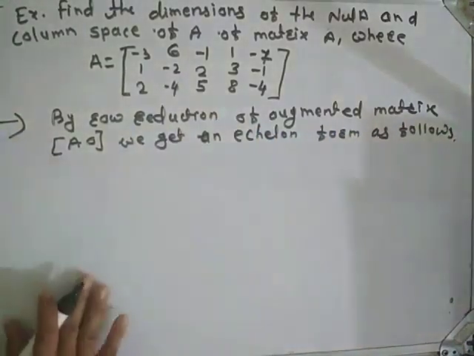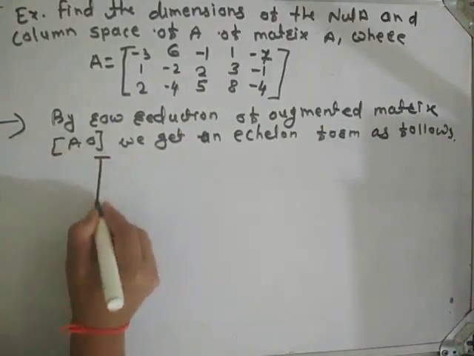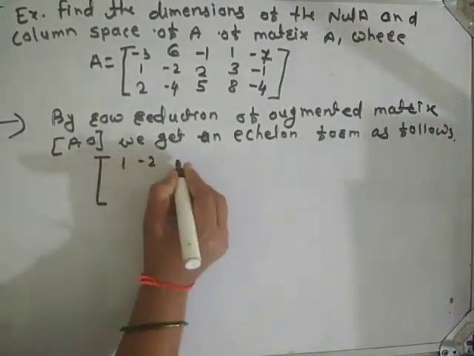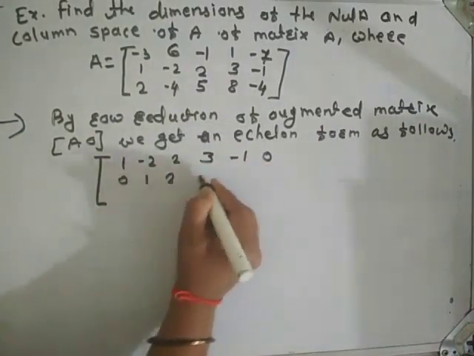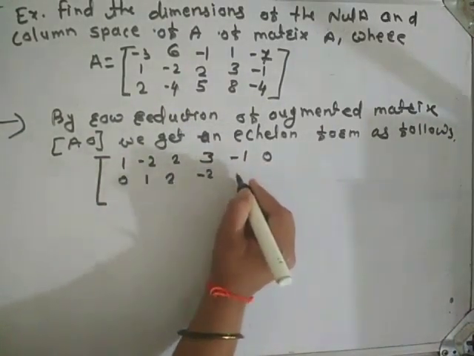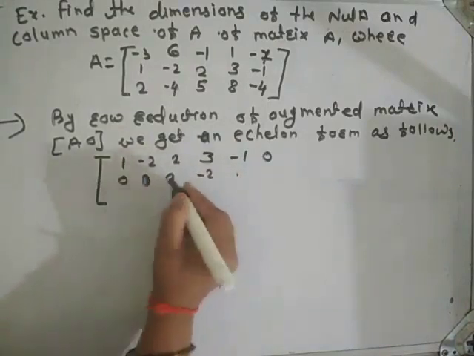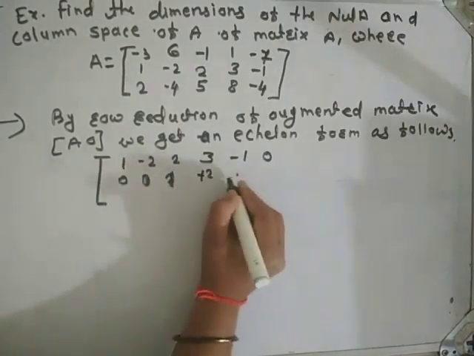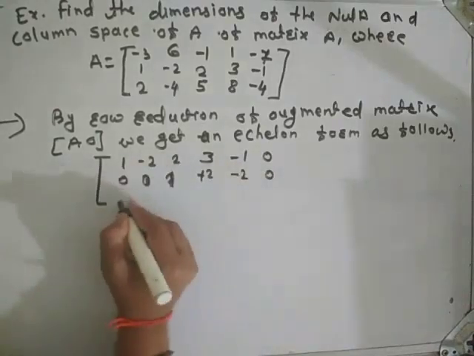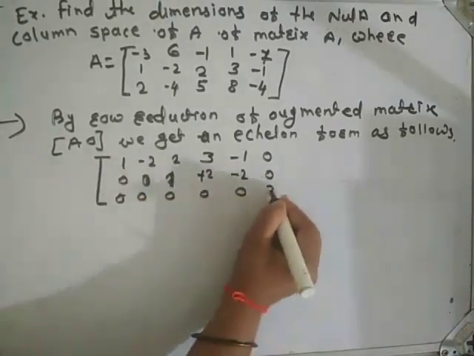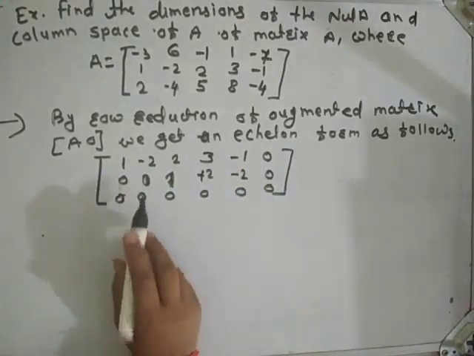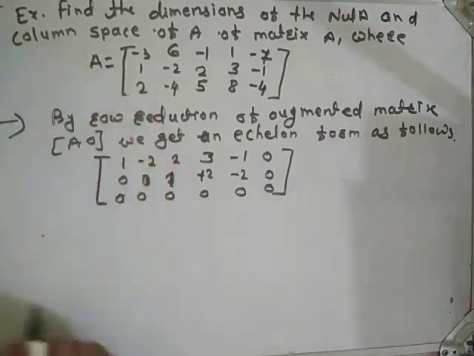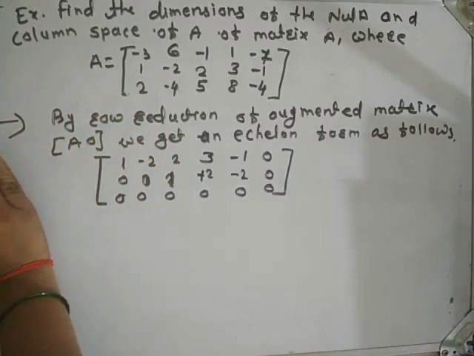This is homework for you: find this echelon form. It is 1, minus 2, 2, 3, minus 1; 0, 0, 1, 2, minus 2; 0, 0, 0, 0, 0. See here, this is the echelon form of the given matrix, and in the previous note we wrote down two notes.